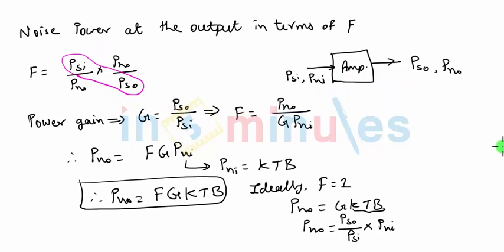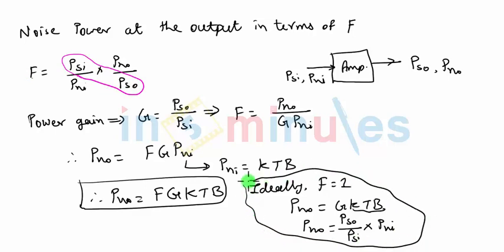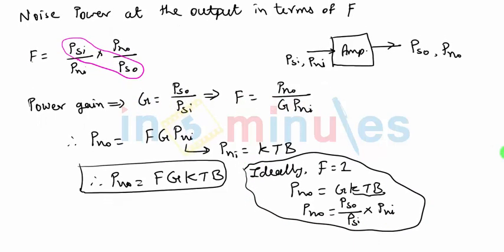If F is equal to 1, then all these terms go on the other side, and this is what we get. But this is only the case ideally. In practice, F will always be a value greater than 1, and hence the output noise power will very much depend upon how much the amplifier is adding noise to the input signal.